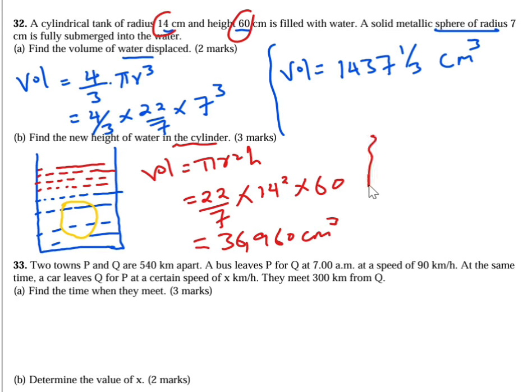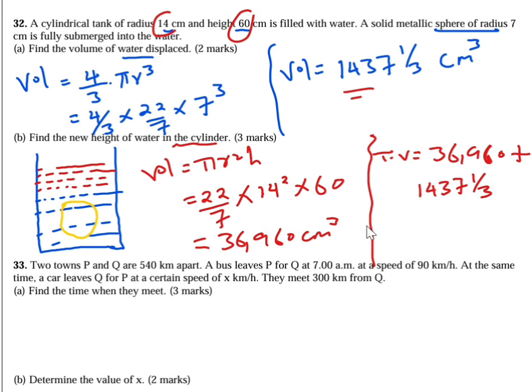Now we need to get the total volume in this cylinder. So remember, the water has increased. So what will our volume be? It is the volume of water we had plus the volume of this sphere. So the total volume in the cylinder, we add the two. It will be 36,960, hope you are following, plus we add the volume of the sphere, 1437 and 1/3.